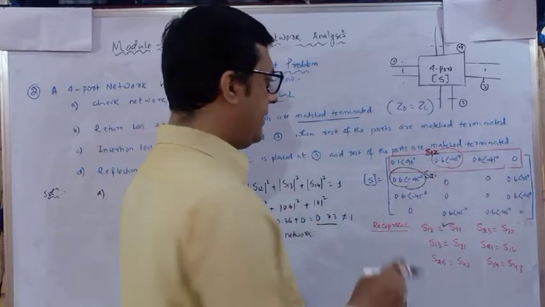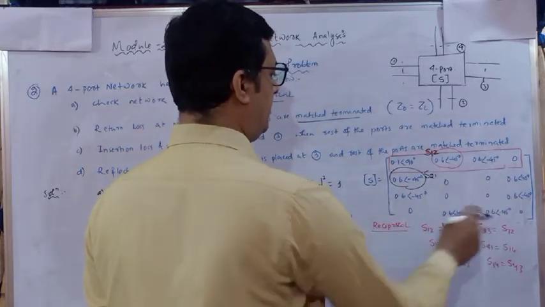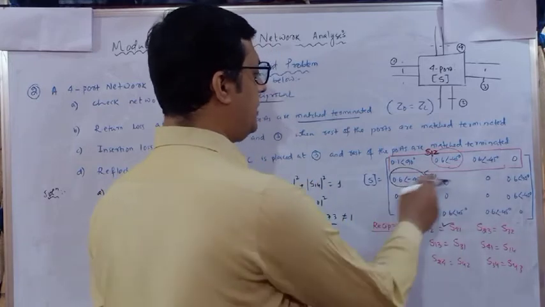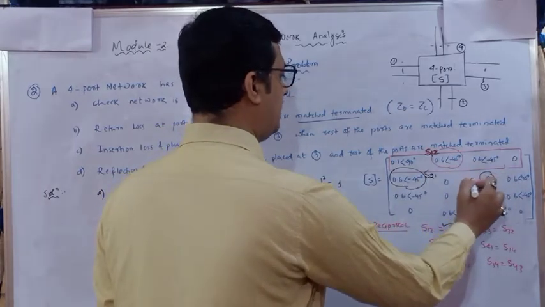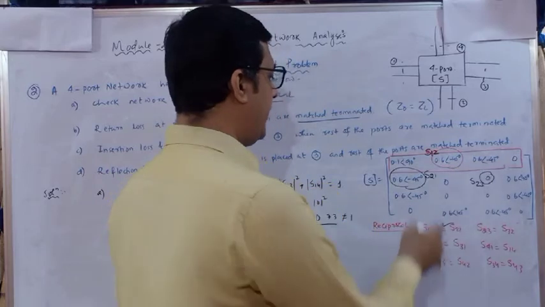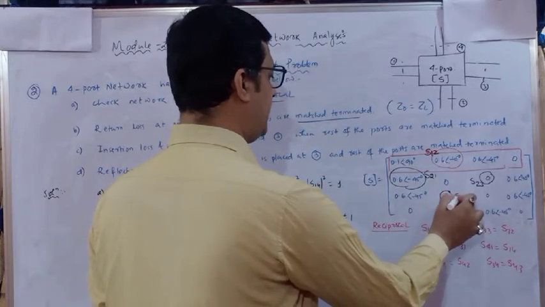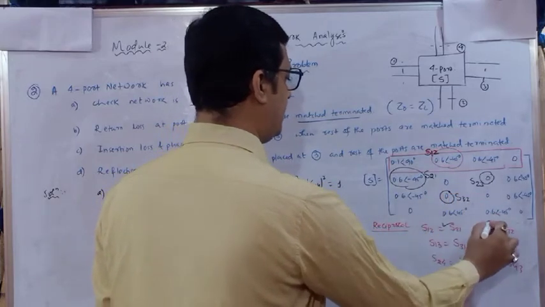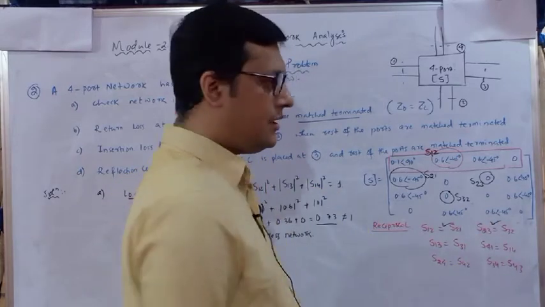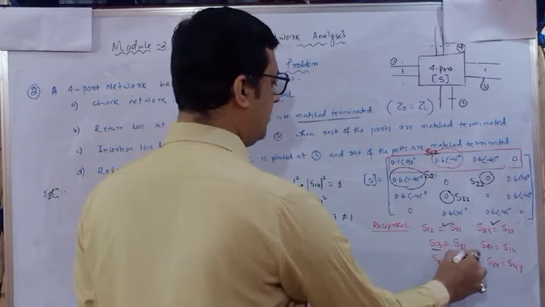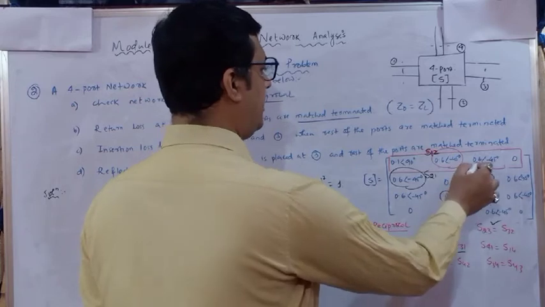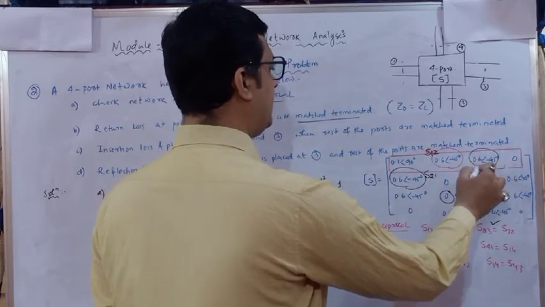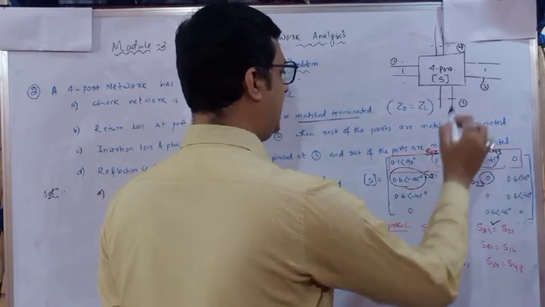Next, S23 is equal to S32. S23 is how much? S23 is 0, and S32 is also 0. Yes, it is satisfied. Done. Next, S13 is equal to S31. S13 is equal to how much? 0.6. So here I will write S13.